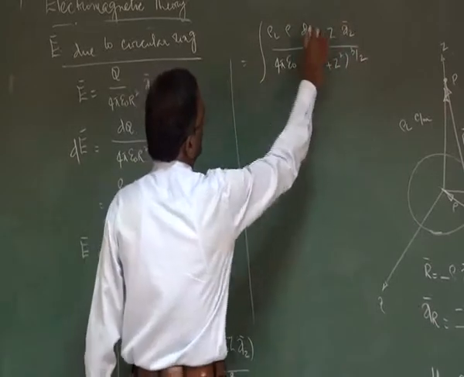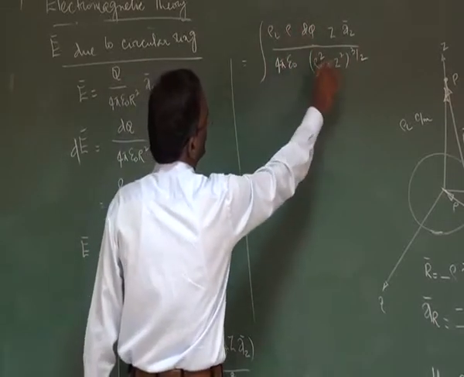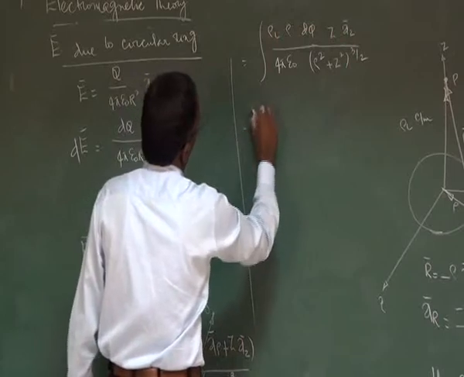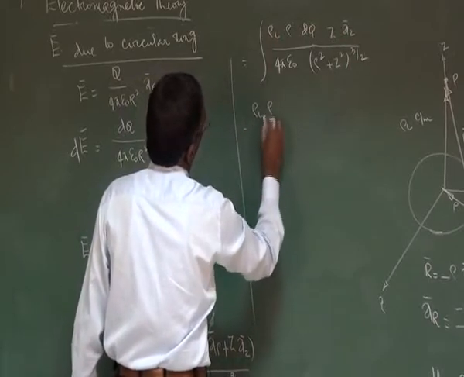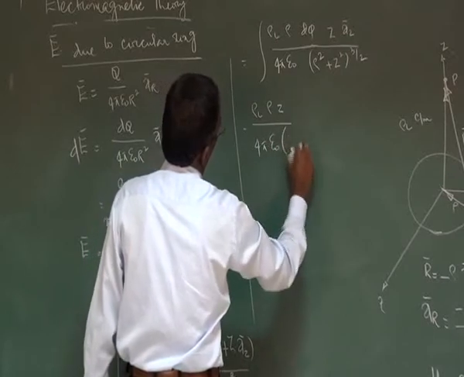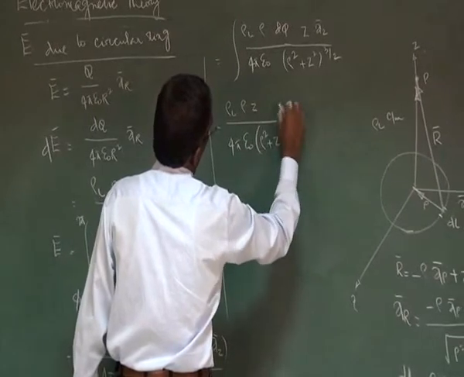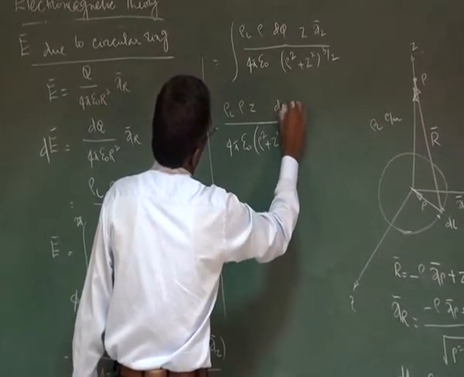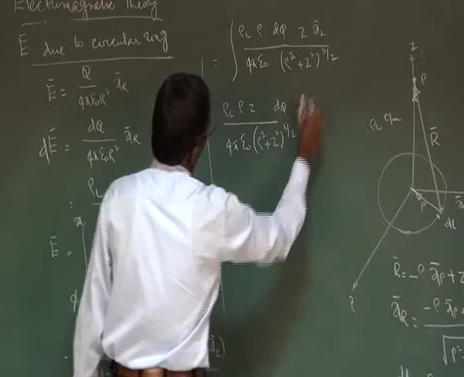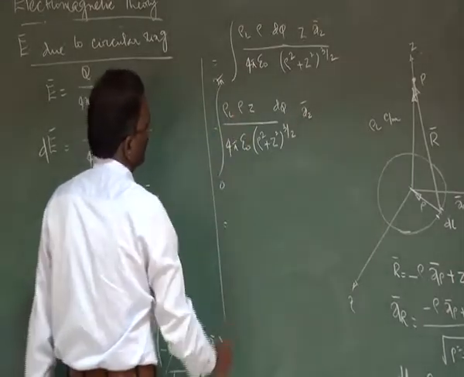The integration is with respect to phi only. Rho L constant, rho constant, epsilon, everything is constant, rho z. So you can take everything outside: rho L rho z divided by 4 pi epsilon O rho square plus z square power 3 by 2 d phi, and the unit vector is a z. The limits are 0 to 2 pi.